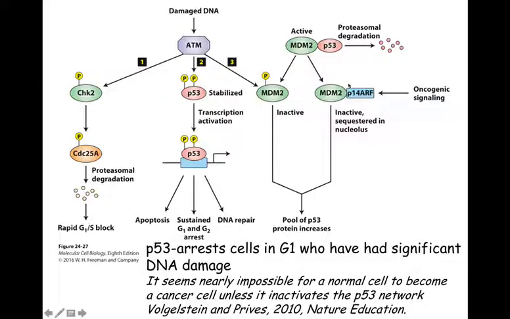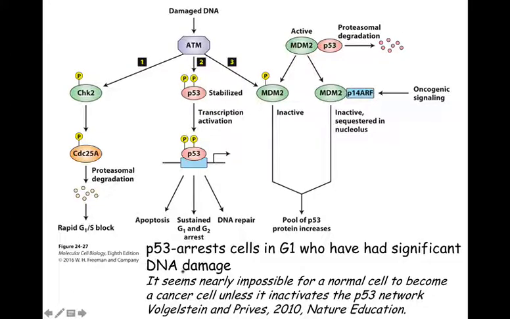This is a mouse-specific pathway. Don't know if this occurs in other mammals, so we're not going to talk about that. So ATM, 3 different pathways can keep cells in G1, prevent them from entering the S phase. 2 of those 3 involve stabilizing p53.